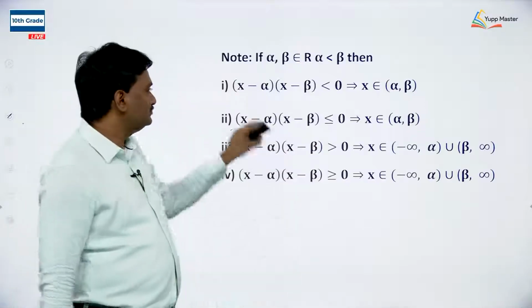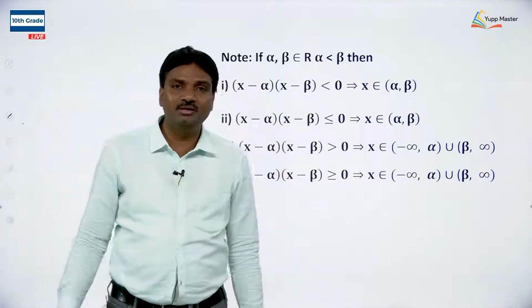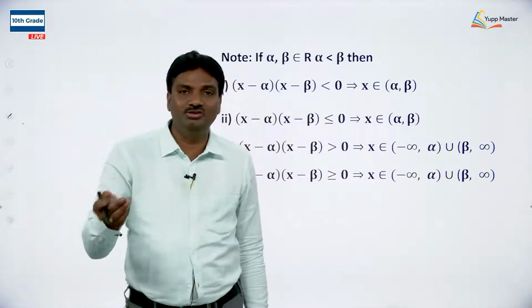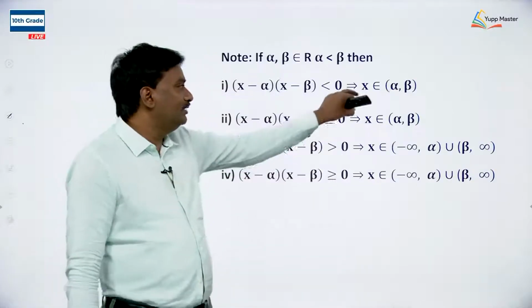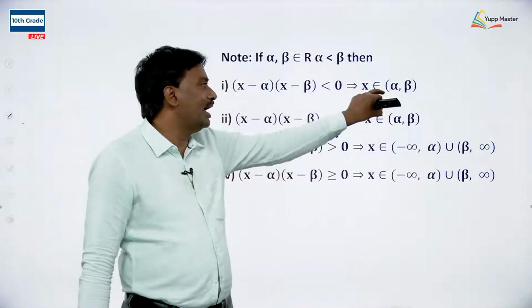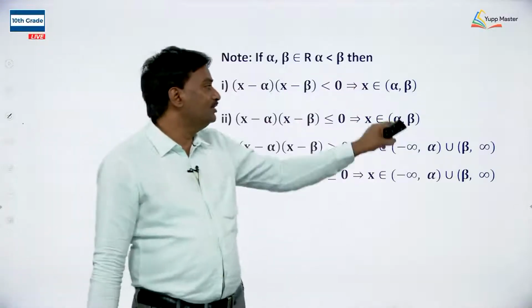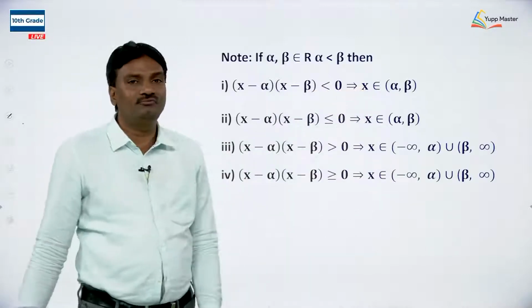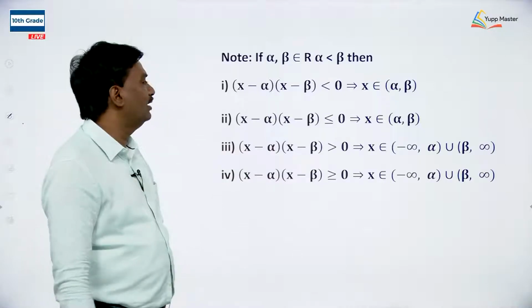So, by finding the product of x minus alpha and x minus beta, if we get a negative value, like minus 0.5, minus 1, minus 2, minus 10, then the domain can be taken as the open bracket (alpha, beta). Here the bracket is most important. From this we can write x belongs to the open interval (alpha, beta).